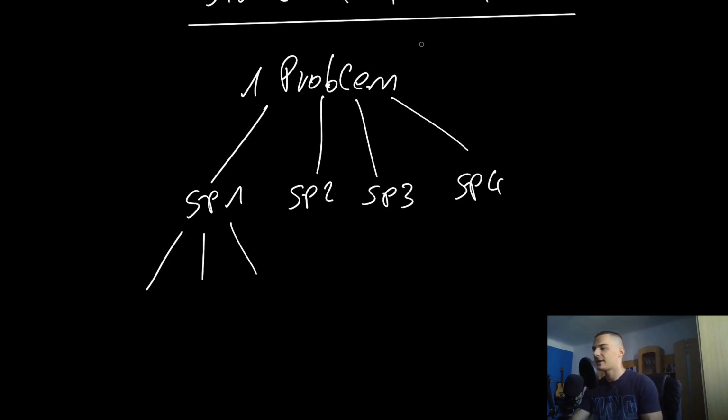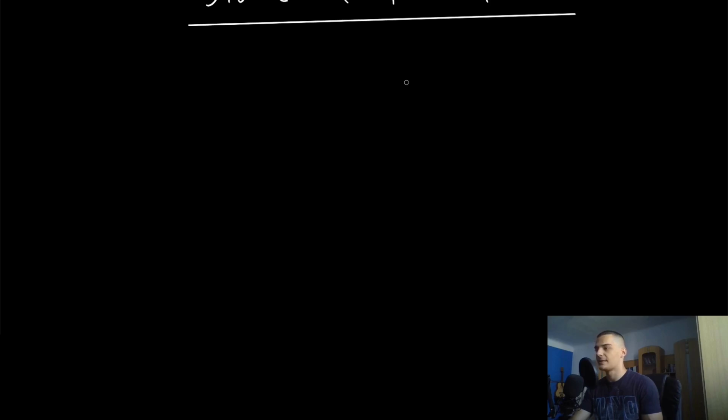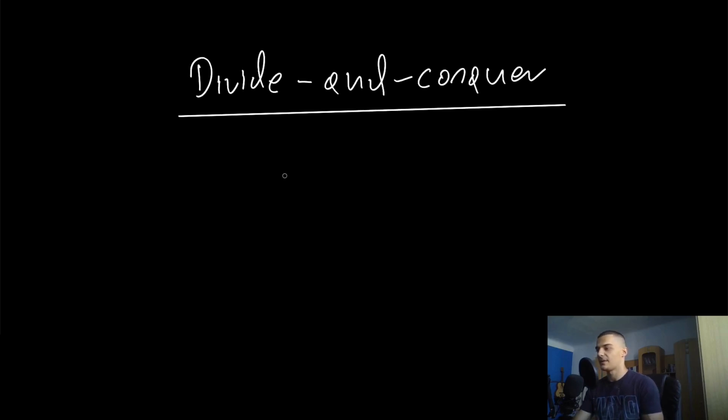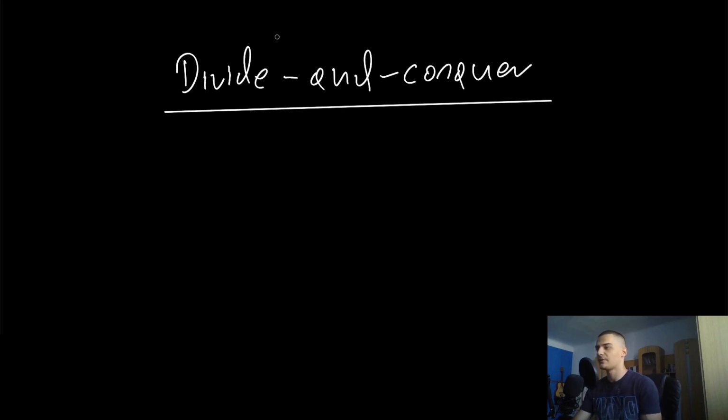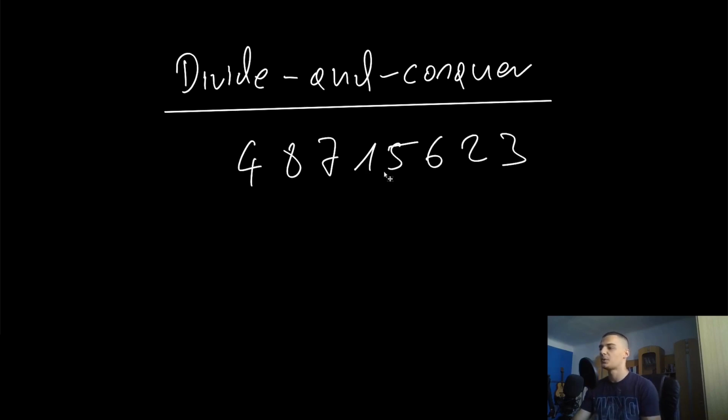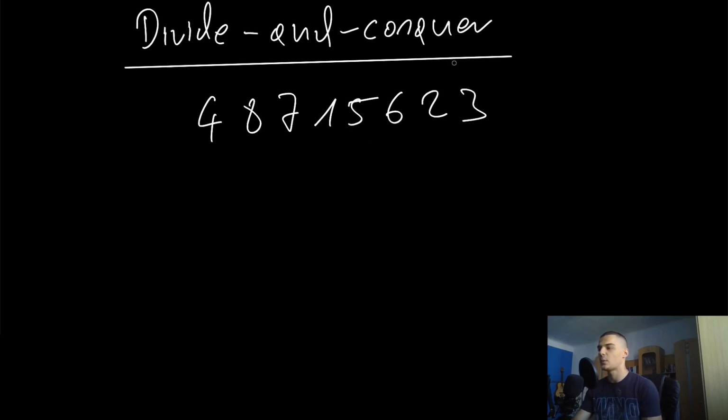This is the idea of divide and conquer, and this is why we can sort in n log n time, in so-called pseudo-linear time, because we make use of this divide and conquer approach, which is also what we do with merge sort. Because when we have a list, 4, 8, 7, 1, 5, 6, 2, 3, or whatever. This is the list. What we do is we don't sort in a linear way. We don't sort in the same way that we do with bubble sort or insertion sort.